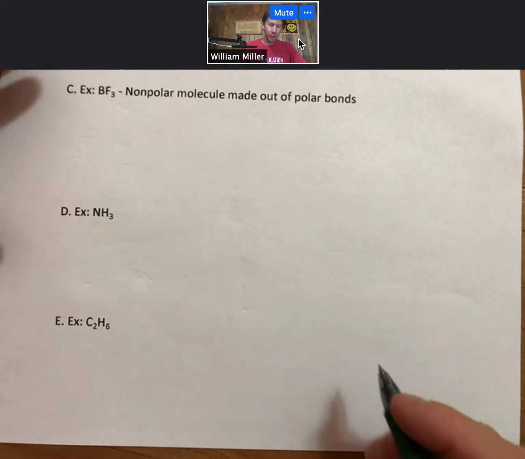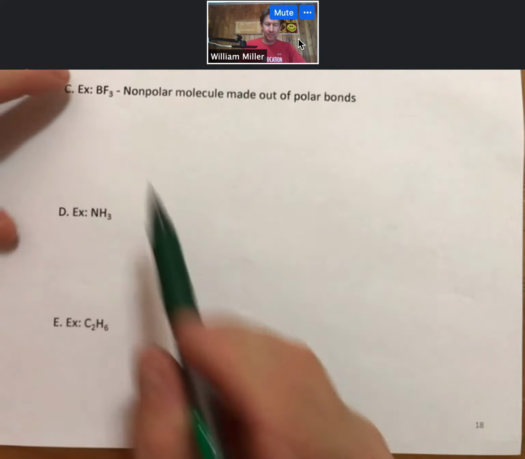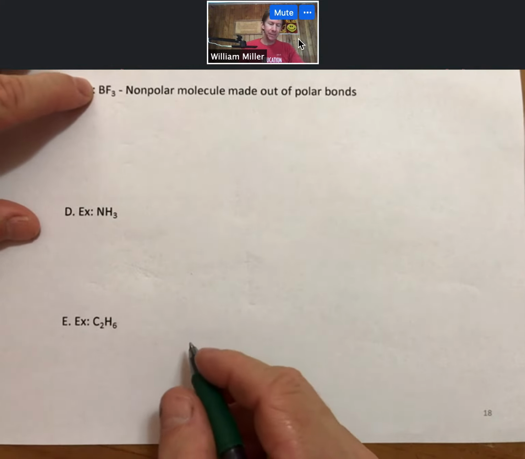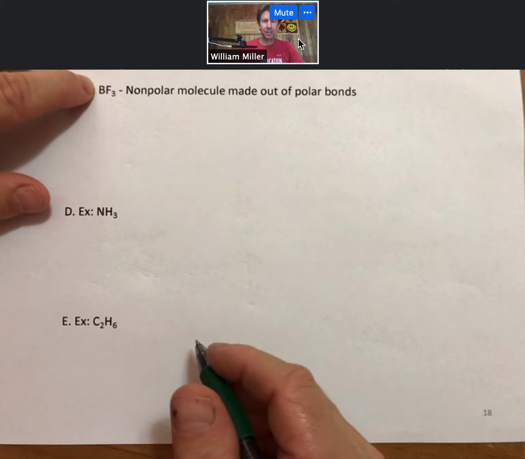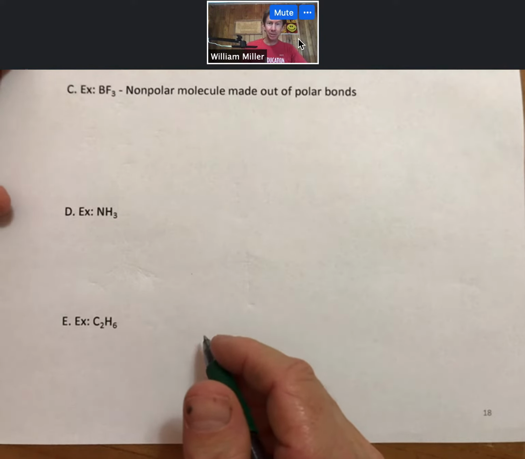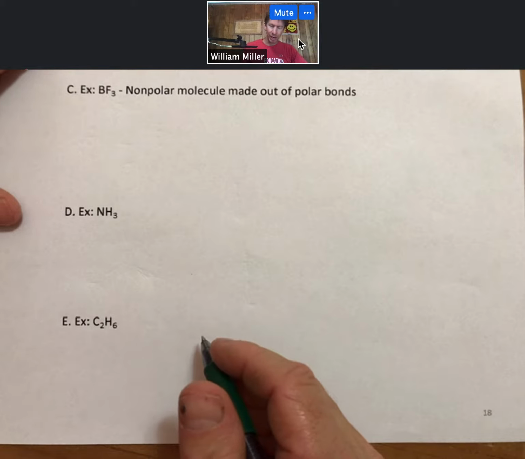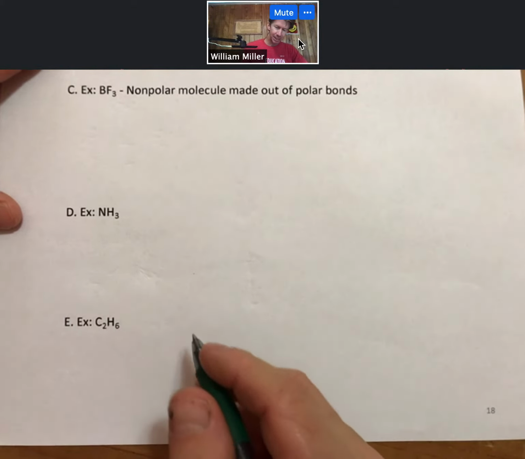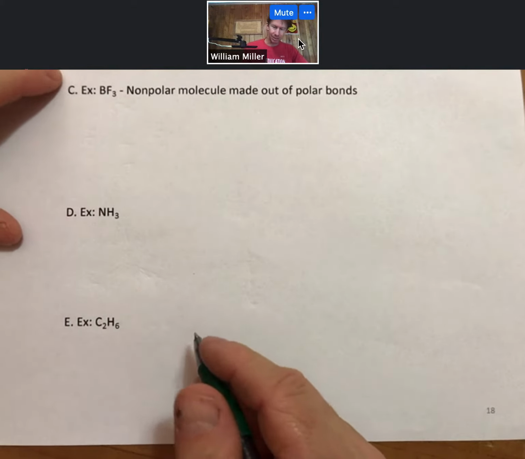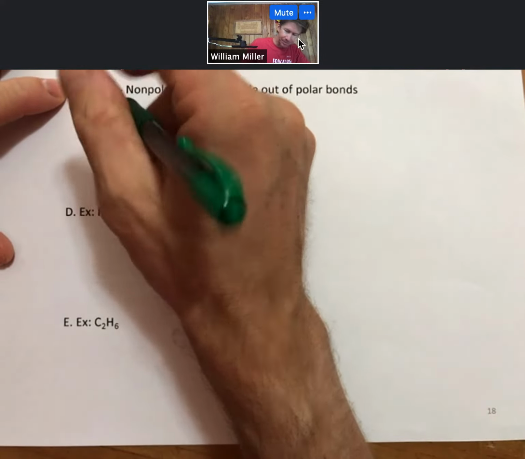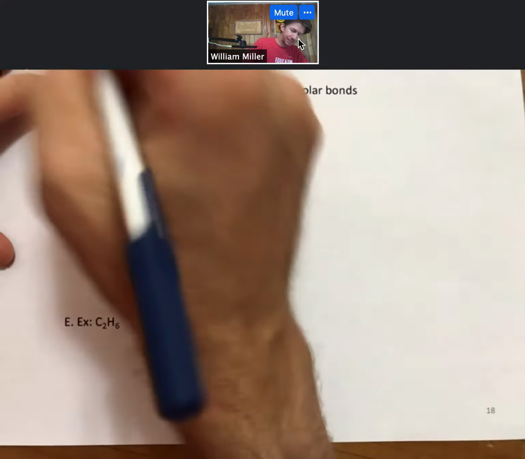My next examples are going to be here. We're going to actually do this BF3. So BF3 is going to be an exception. If you remember, boron only wants 3 bonds. But this comes up enough that I want to show it. So BF3, start with your Lewis structure.